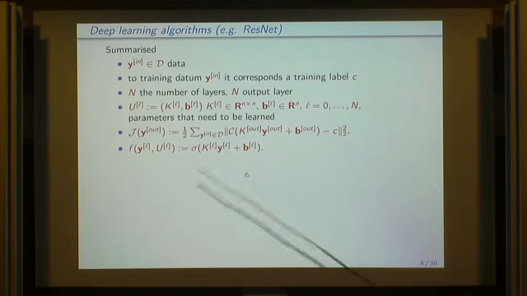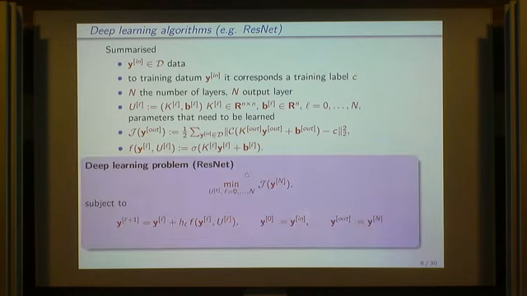Okay, let's summarize. Here I put everything that I told you so far, and in this box I want to state the deep learning problem for the ResNet architecture. We are going to minimize the cost function over the parameters across all layers.